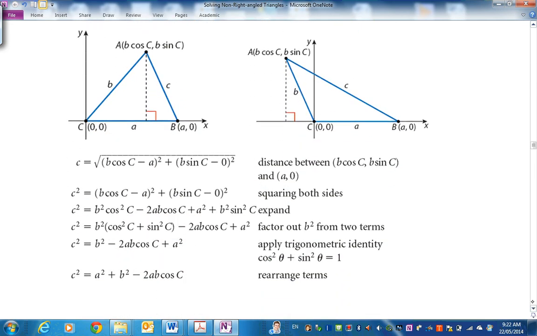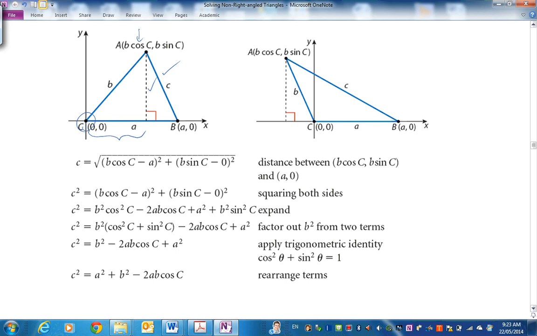Okay, using a bit of coordinate geometry here. Let's put our triangle so that one of the vertices is at the origin. And then, dropping that perpendicular just for this derivation, we could say the x-coordinate of this point is that.